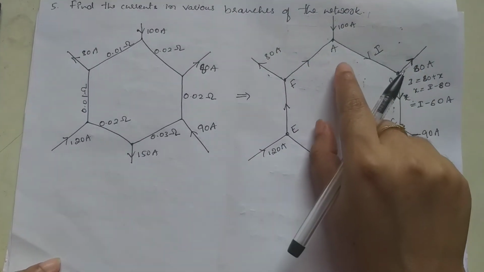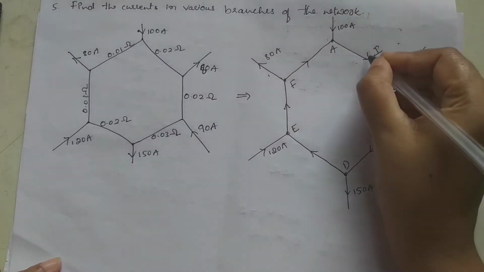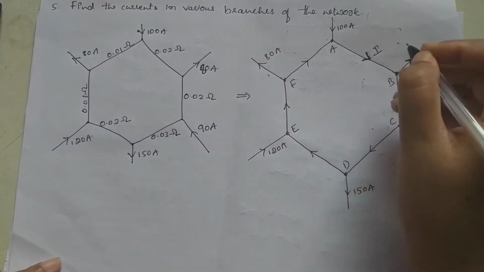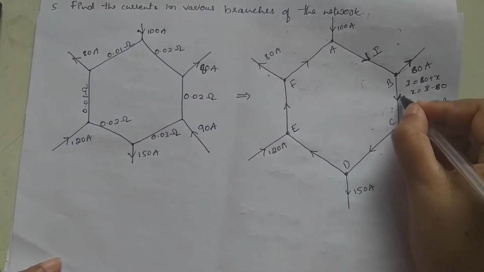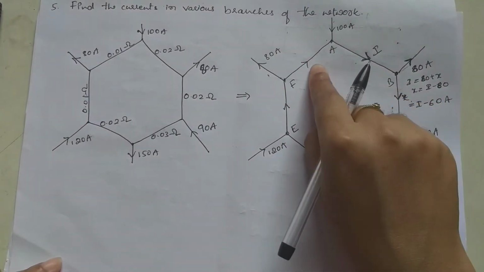First, let us assume the current through branch AB is I, with clockwise direction. Let us assume all the currents in all the branches in the clockwise direction.